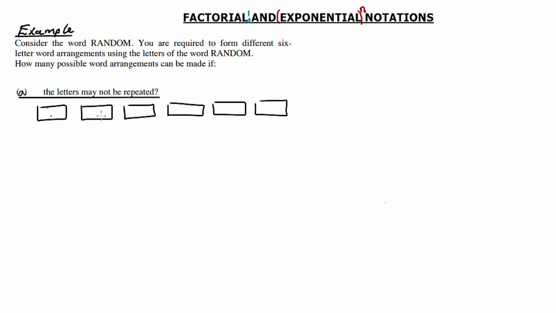So these blocks are ready to take any letter, right? But we want to know how many possible word arrangements we can make if the letters are not repeated. So look, I have 6 letters in total, right?